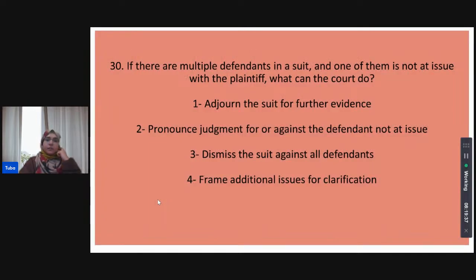If there are multiple defendants in a suit and one of them is not at issue with the plaintiff, what can the court do? Does the court adjourn the suit for further evidence? Does the court pronounce judgment for or against the defendant that is not at issue with the plaintiff? Does the court dismiss the suit against all the defendants, or does the court frame additional issues for clarification? I will begin the timer now.